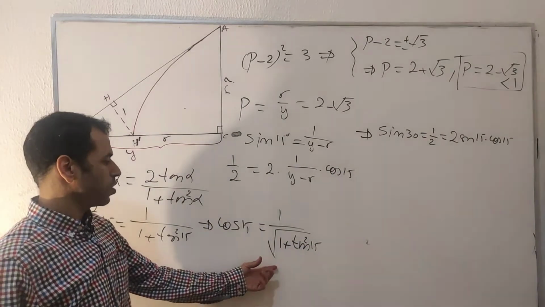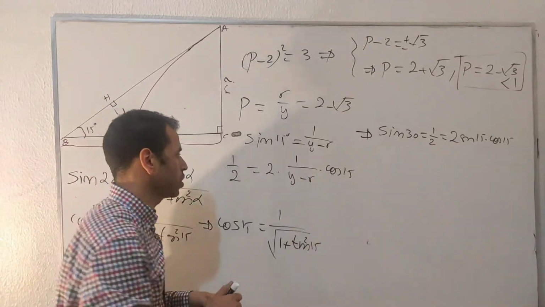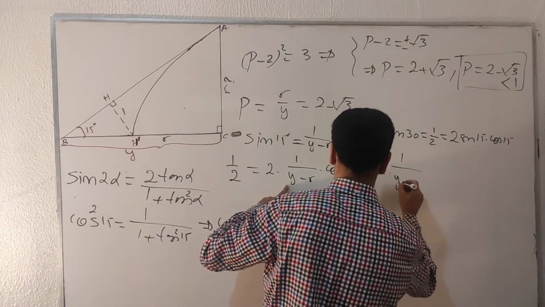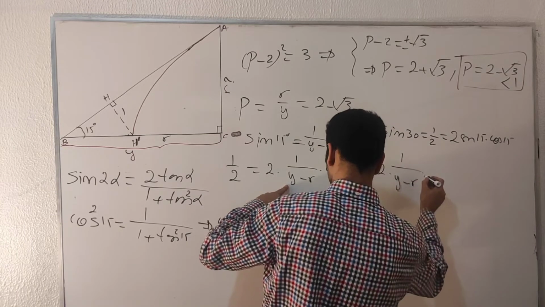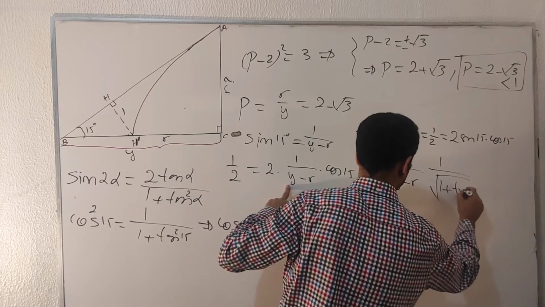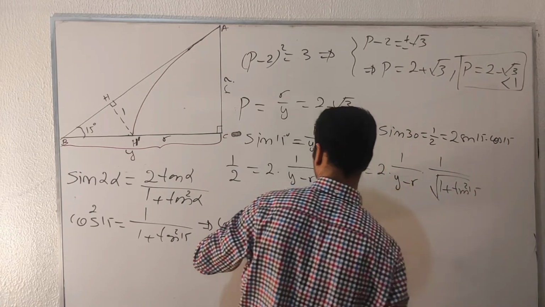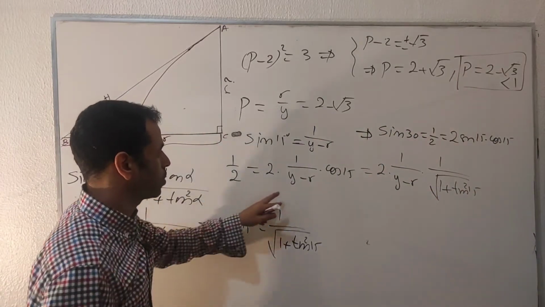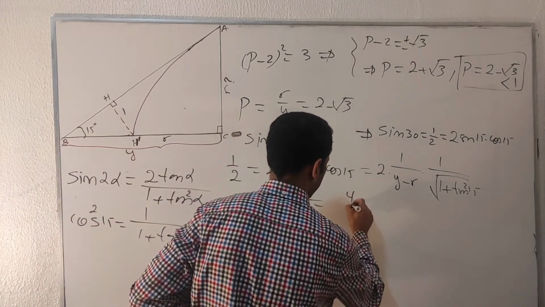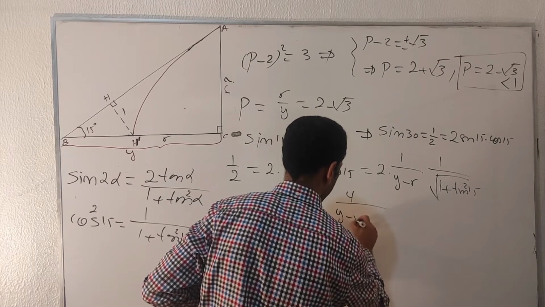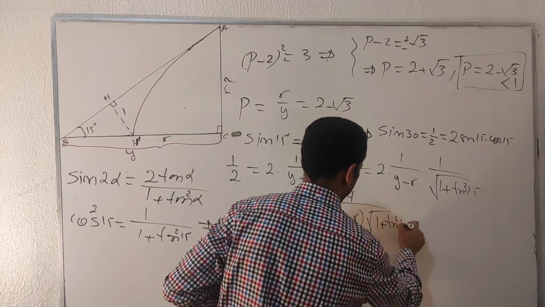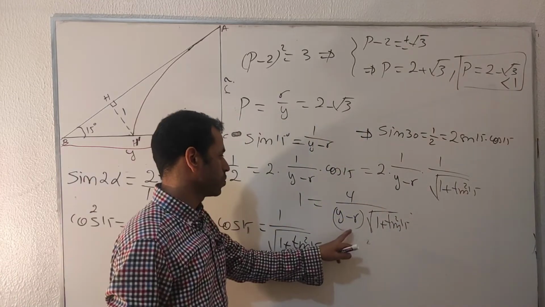By taking this value and inserting it into this one here, I get 1 over y minus r multiplied by 1 over square root of 1 plus tangent square of 15. Okay, multiplying both sides by number 2, I got 1 equals 4 over y minus r multiplied by 1 plus tangent square 15.